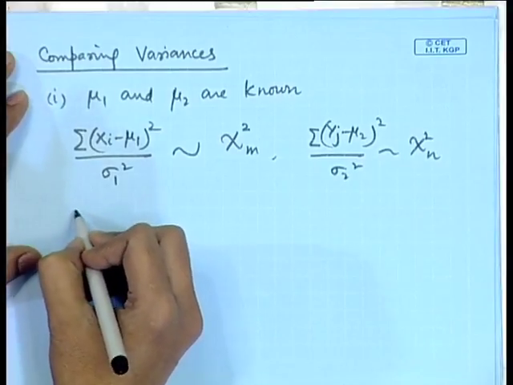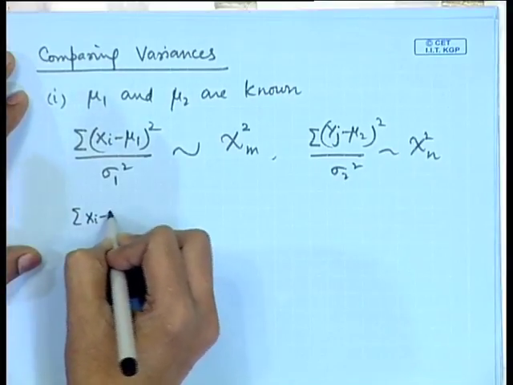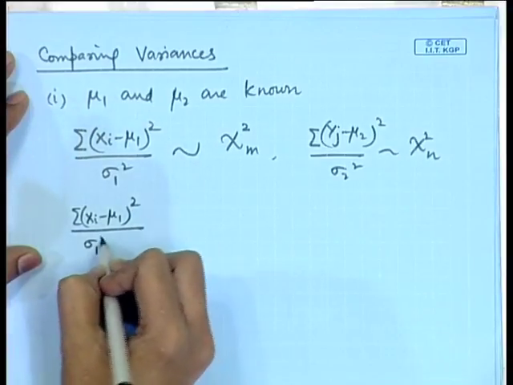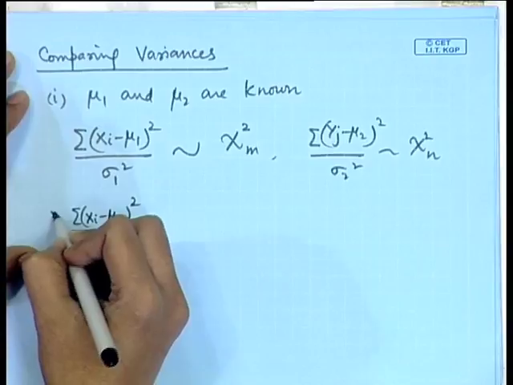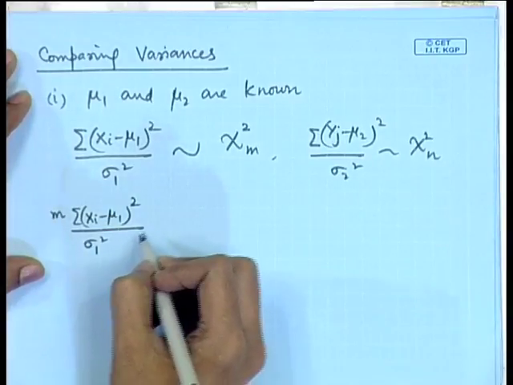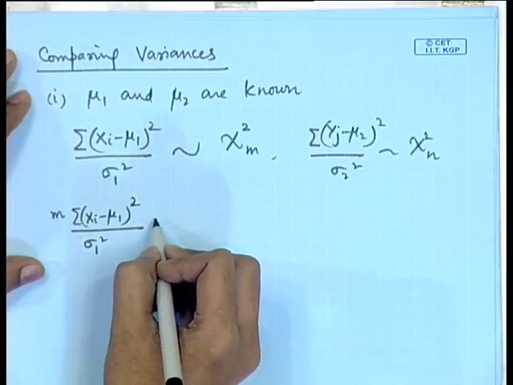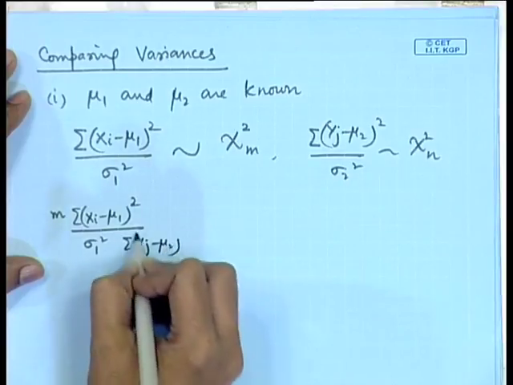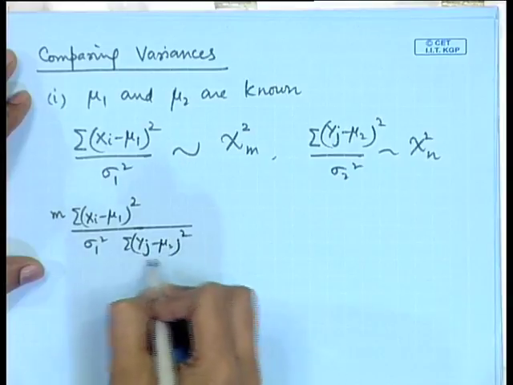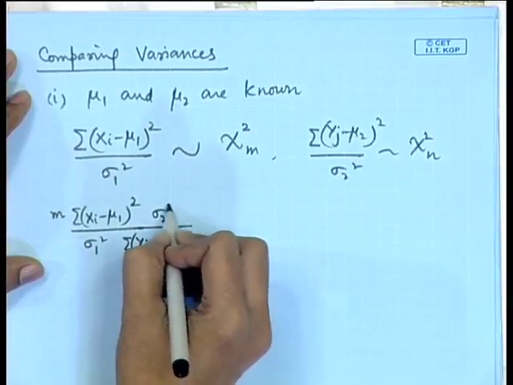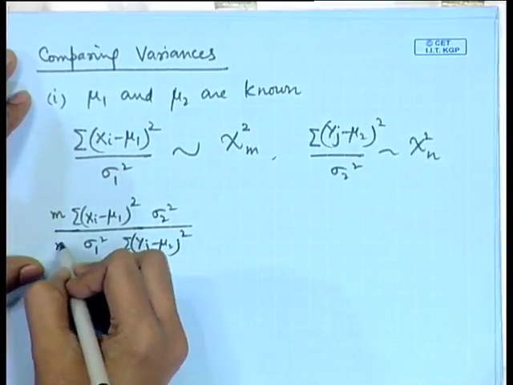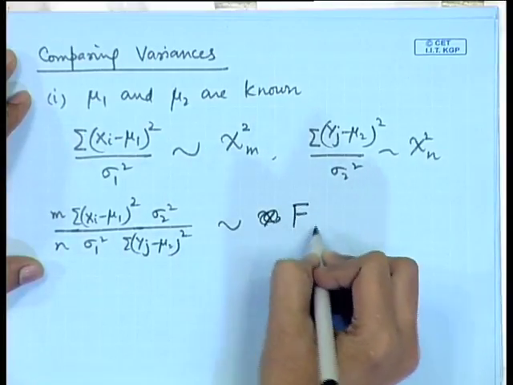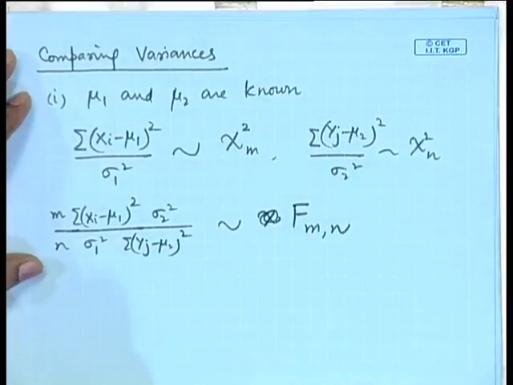So, if we take the ratios here, sum of (xi minus mu1) square by sigma 1 square divided by m, that is m here, divided by sum of (yj minus mu2) square by sigma 2 square divided by n, that will have an F distribution on m and n degrees of freedom.